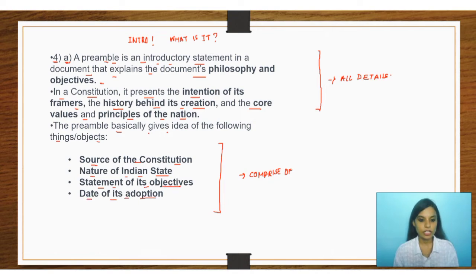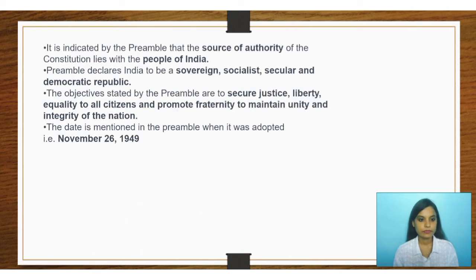All this information is given in the preamble. It is indicated by the preamble that the source of authority of the Constitution lies with the people of India.